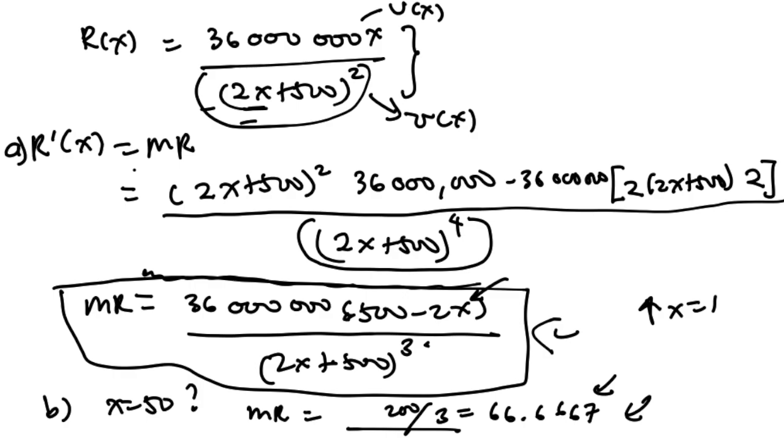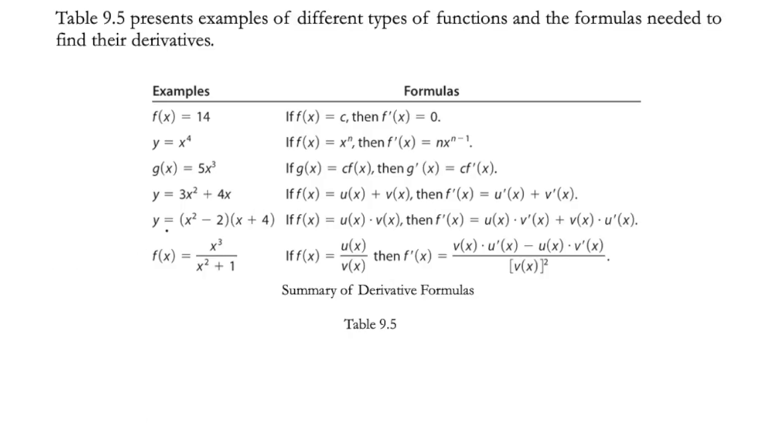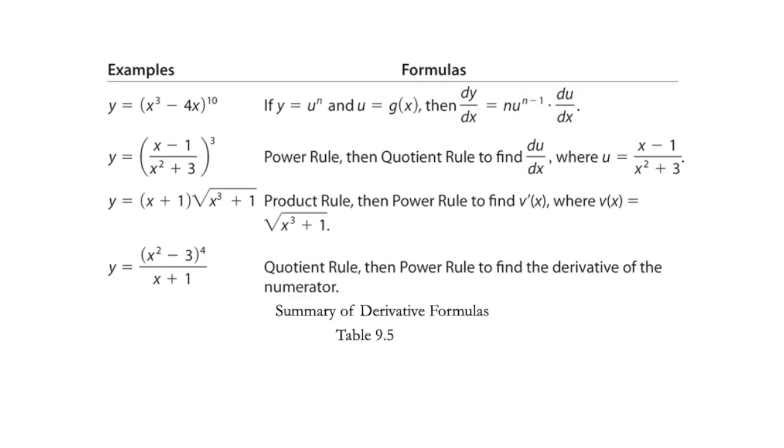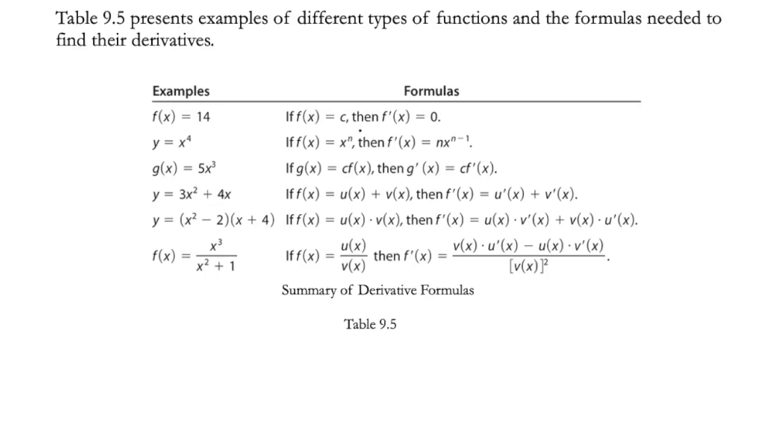Okay, before other things, I would like to show you this summary here. So this table presents what to do basically for different types of primary functions, how to do differentiation to find the derivative. So here, if you have a constant, then f prime x becomes 0, isn't it?